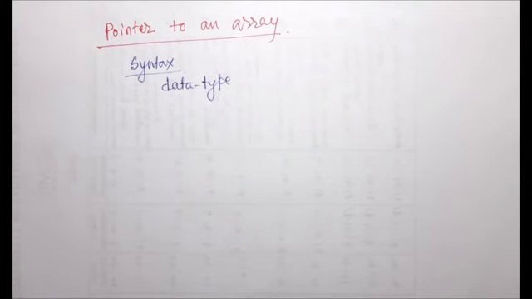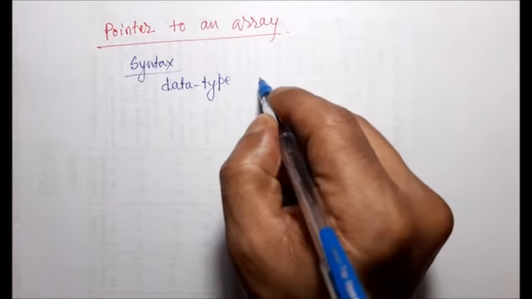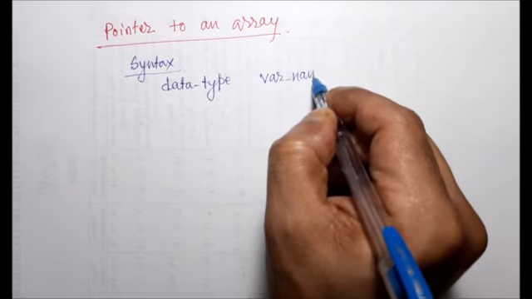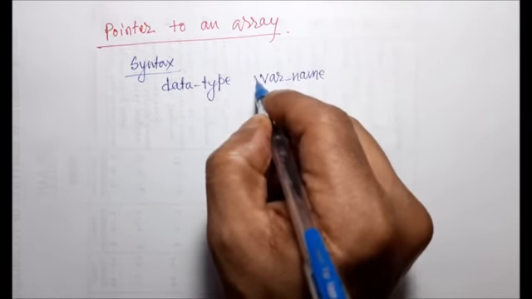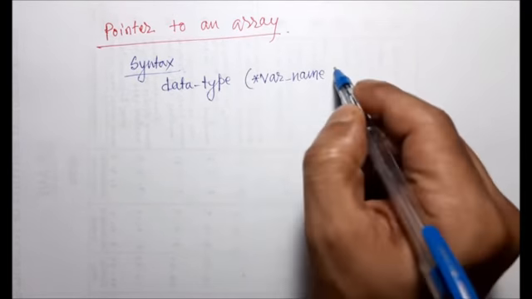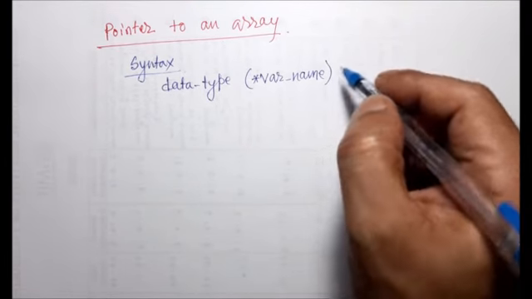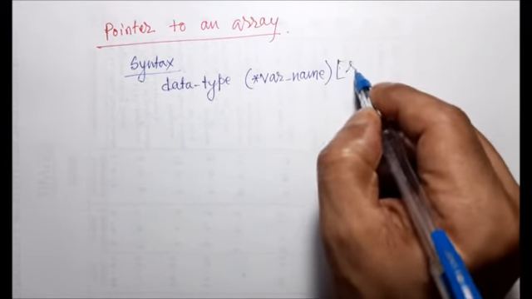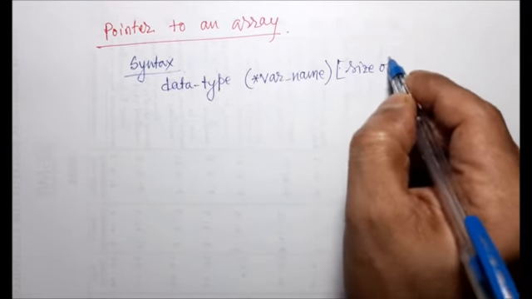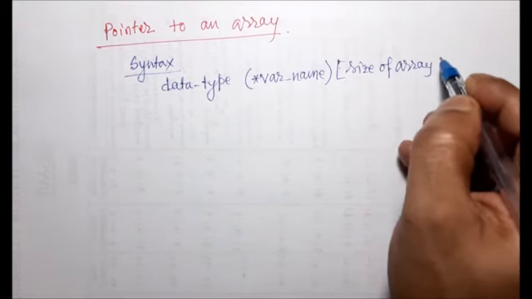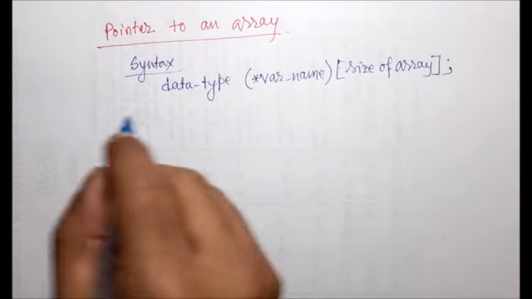So first we write the data type, then the variable name, and before that we use the star and the first bracket. And then the size of the array within the third bracket. Okay, so that is the declaration.